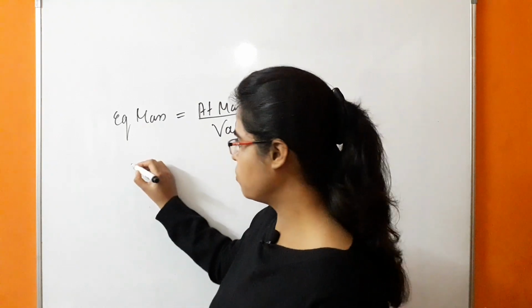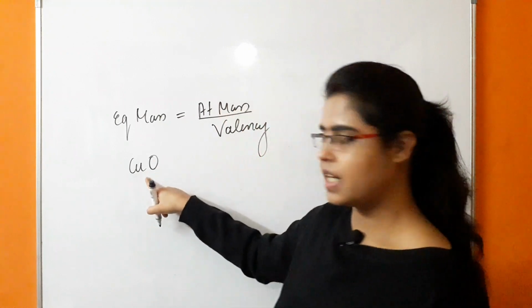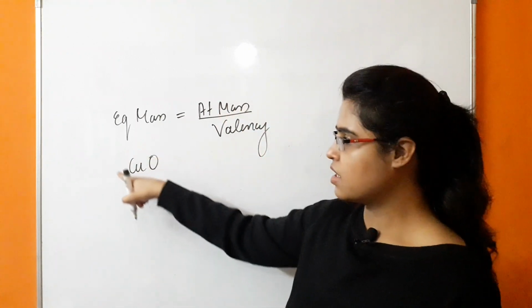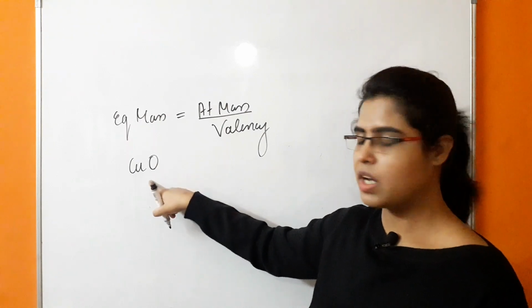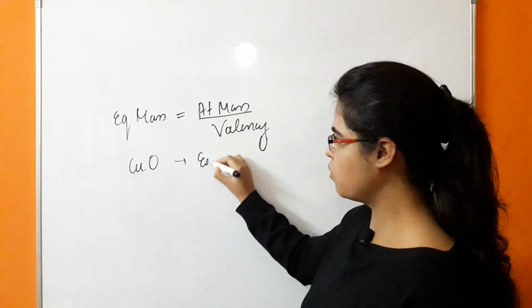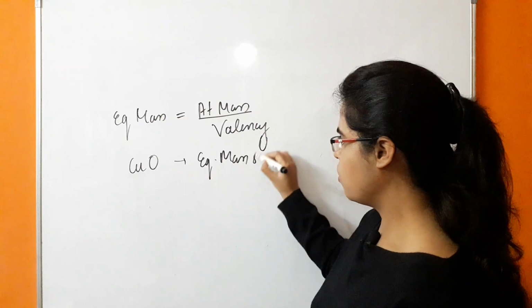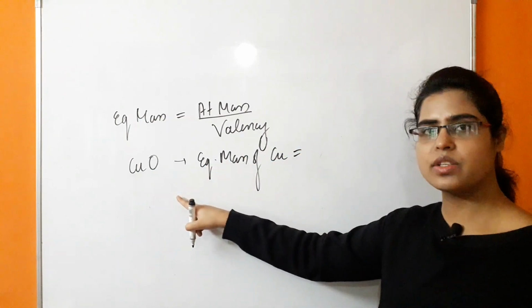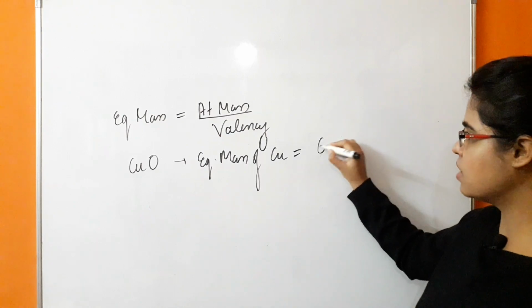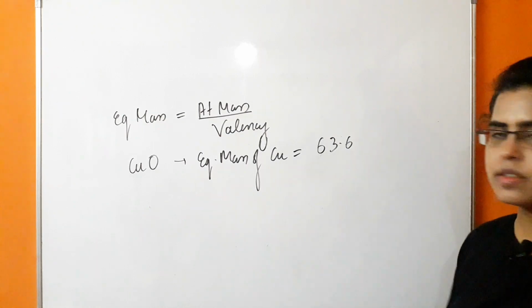Example, in the case of copper oxide. If we take the compound copper oxide, in which we have to determine the equivalent mass of copper, so the equivalent mass of copper in copper oxide. What is the mass of copper? Copper has mass 63.6.